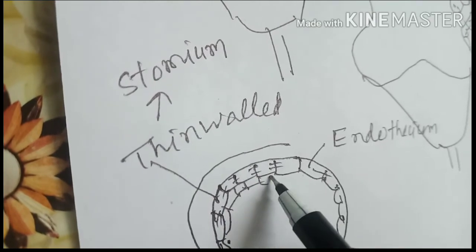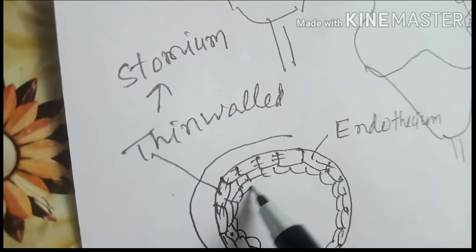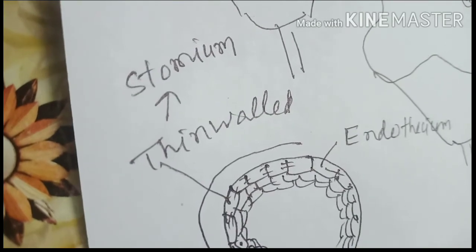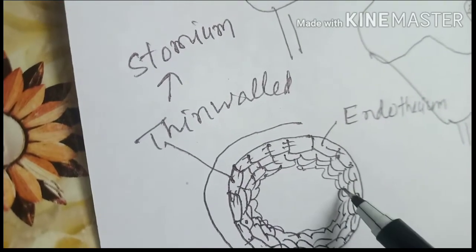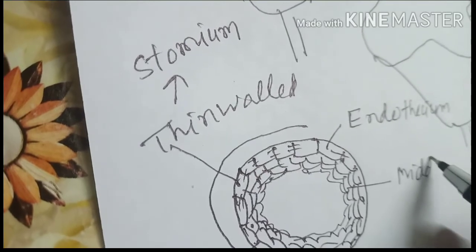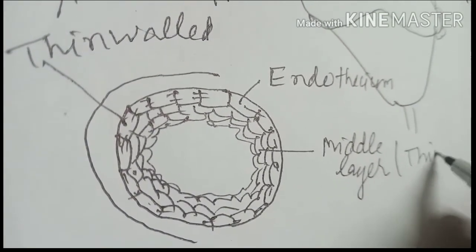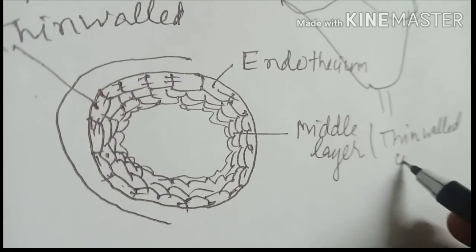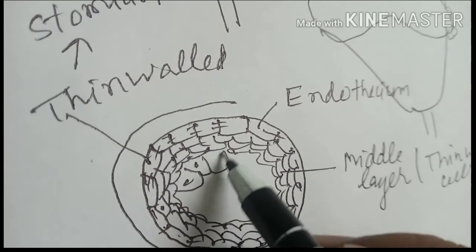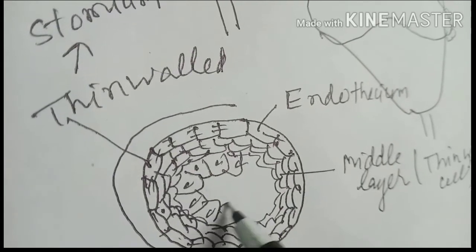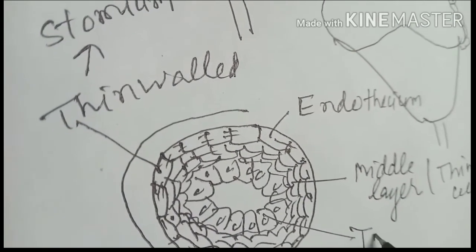It is followed by the middle layer, which consists of 2 to 3 layers of thin-walled cells. These cells get crushed, and then the innermost layer, that is the tapetum, has radially elongated cells.